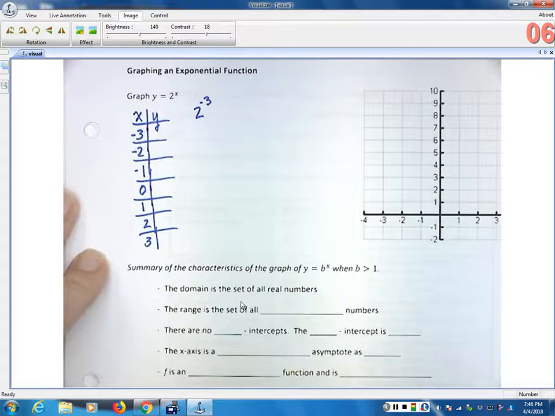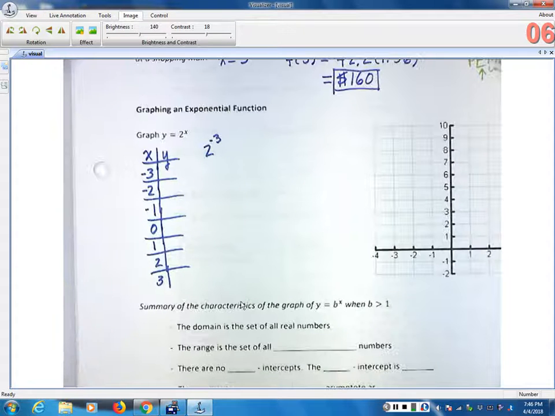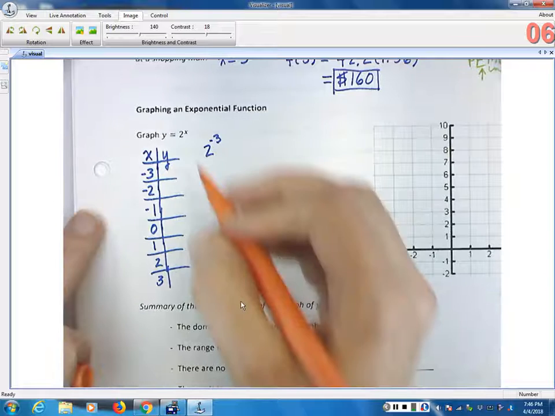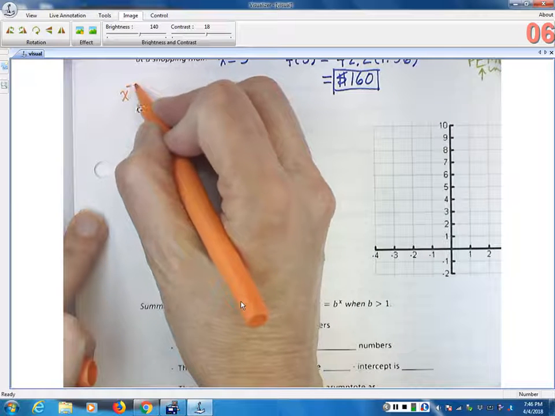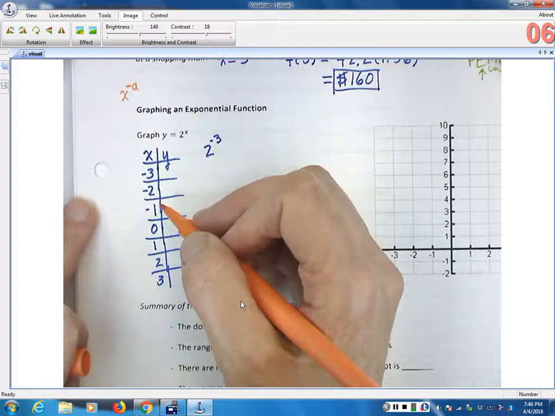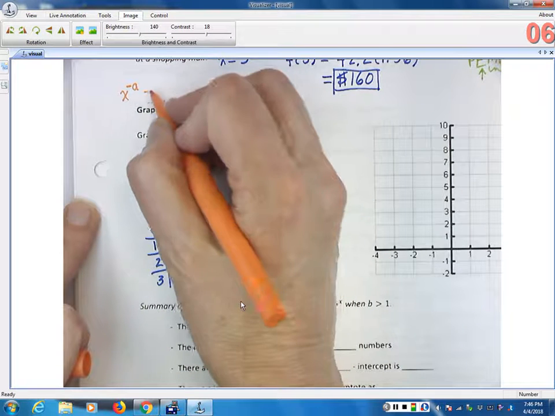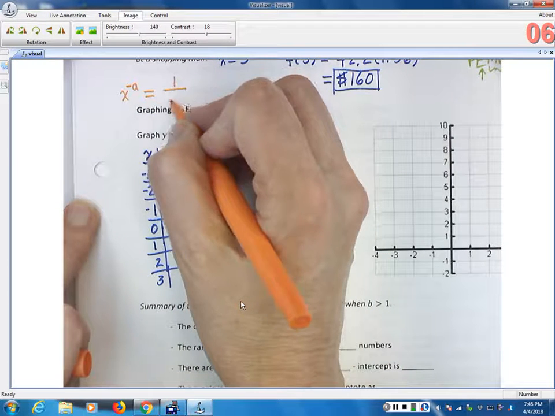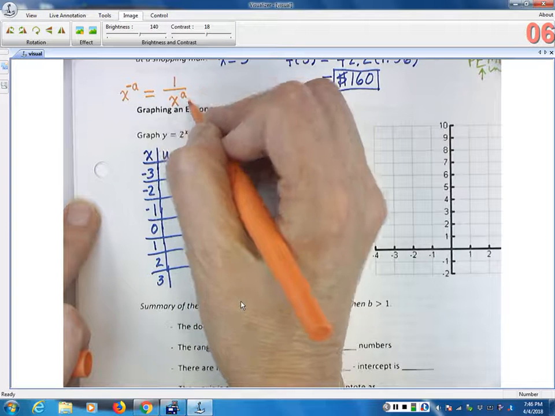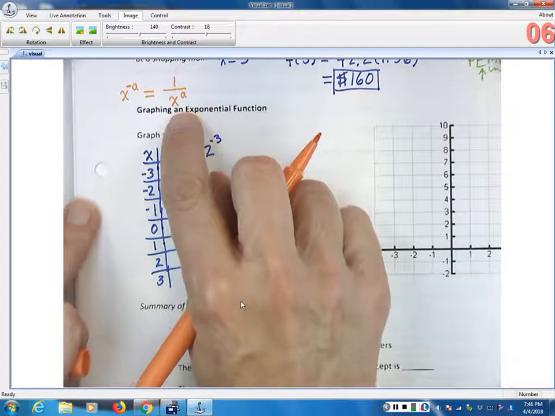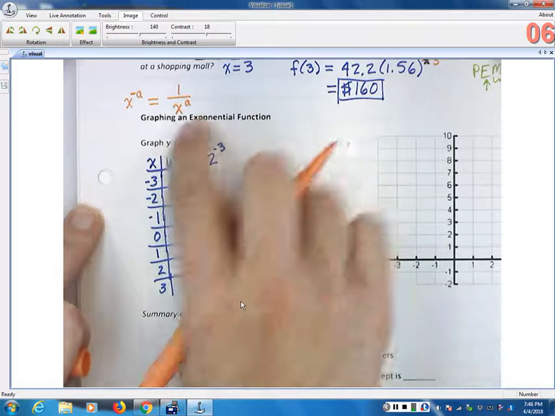So I'm going to write up here, what does it mean if you have an x to a negative exponent, say -a? That means you make a fraction out of it and you put the base, x, and make the exponent positive and you put it in the denominator. That's what that means.